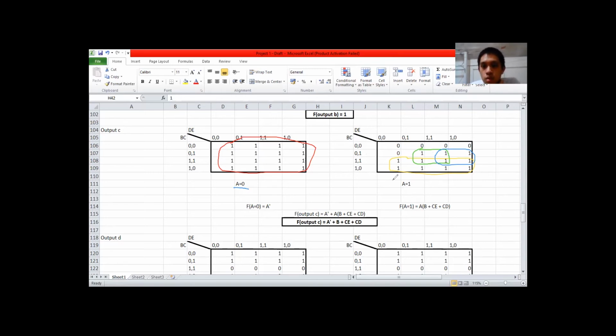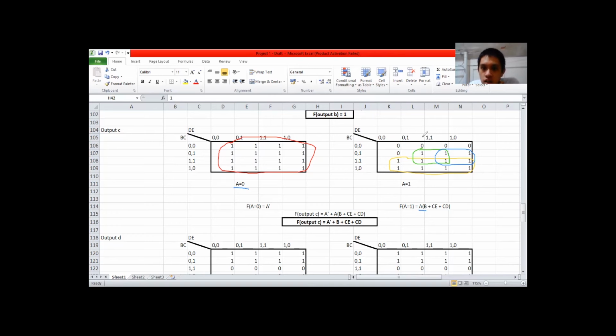Therefore, we will arrive at A, which is ANDed with B. So it will become AB. So for the second one, the green group, A is 1, and then B changed from 0 to 1, therefore it is cancelled. C is unchanged, which is 1.